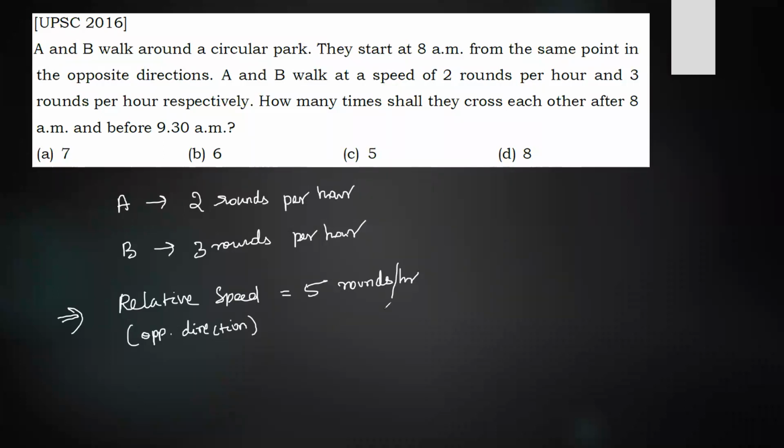They are walking in opposite direction, so relative speed equals 5 rounds per hour. Is it clear? From this, can you try that? Yes, Siddharth. Perfect. So relative speed equals 5 rounds per hour. How many times shall they cross each other after 8 a.m.?